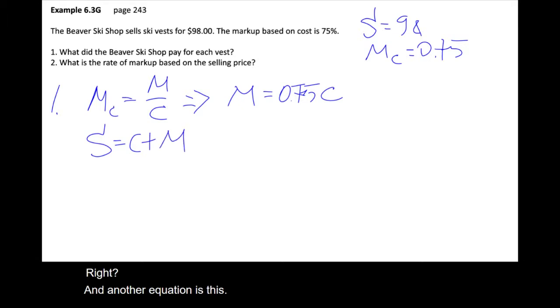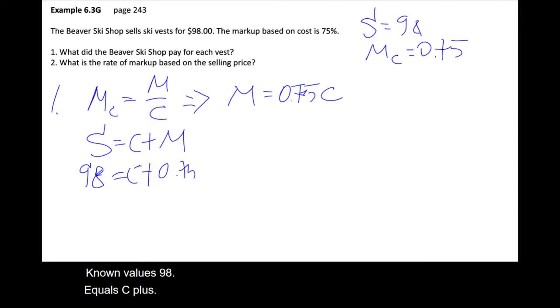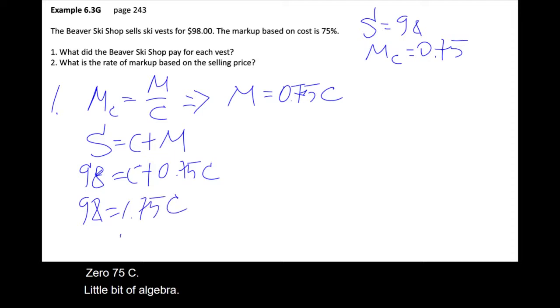So let's plug in the known values: 98 equals C plus 0.75C. A little bit of algebra, and we find that C is 56 bucks.